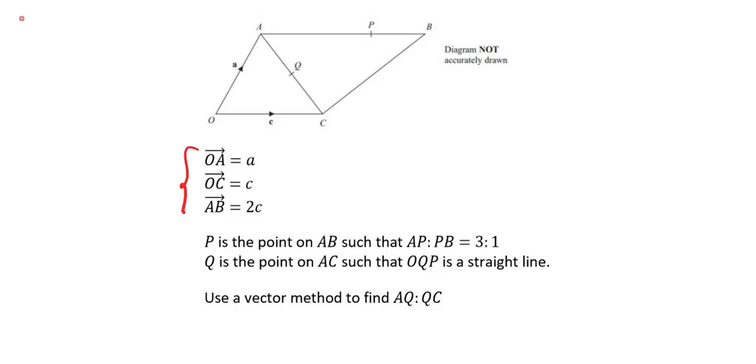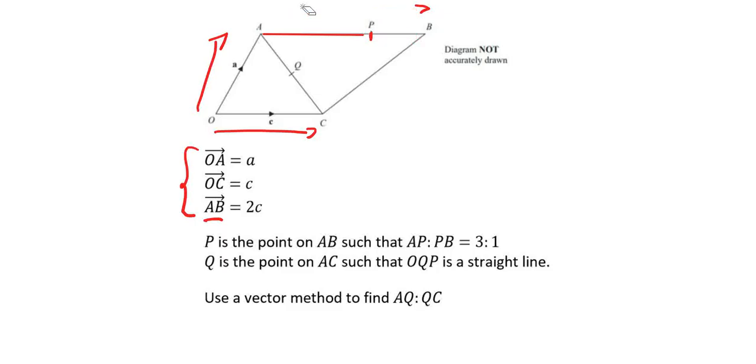So from here, these are the given. Vector OA is equal to A, as you can see over here. Vector OC is C and vector AB is 2C. Also, point P is a point on AB such that the ratio of AP to PB is 3:1.